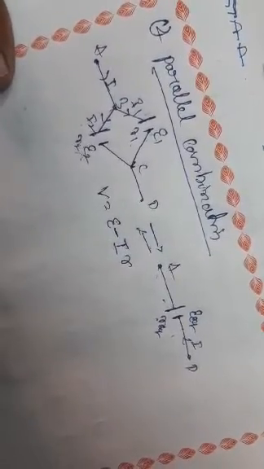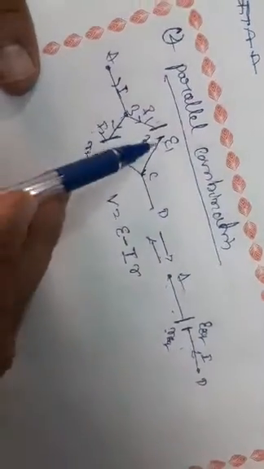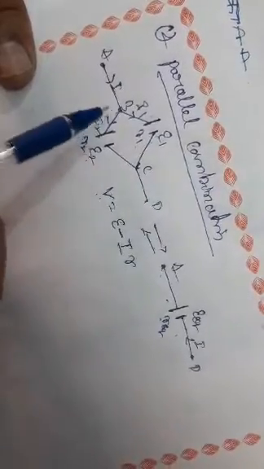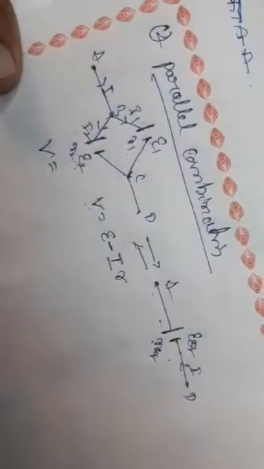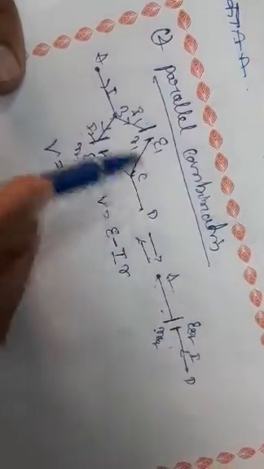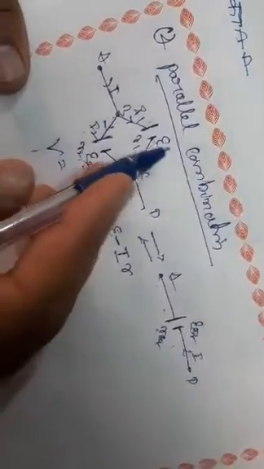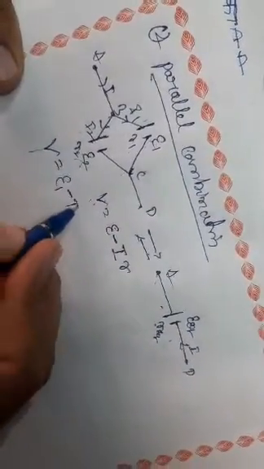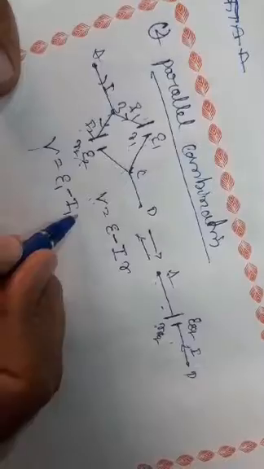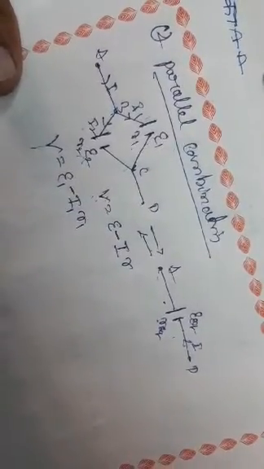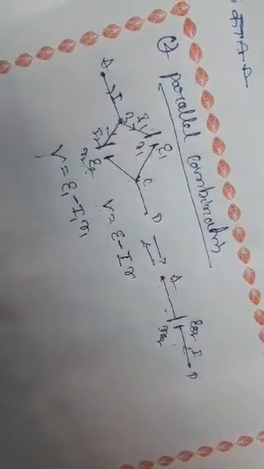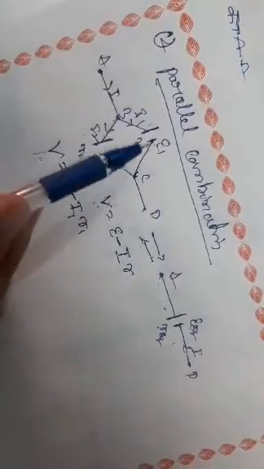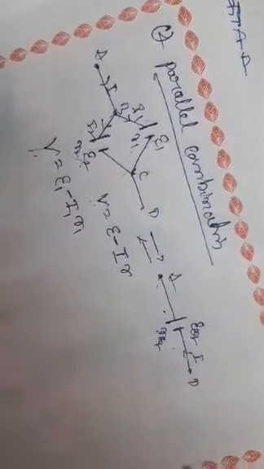The potential difference in this circuit is the same. The first cell is E1, the current flowing through the first cell is I1, and the internal resistance is R1. That is the potential of the first cell.